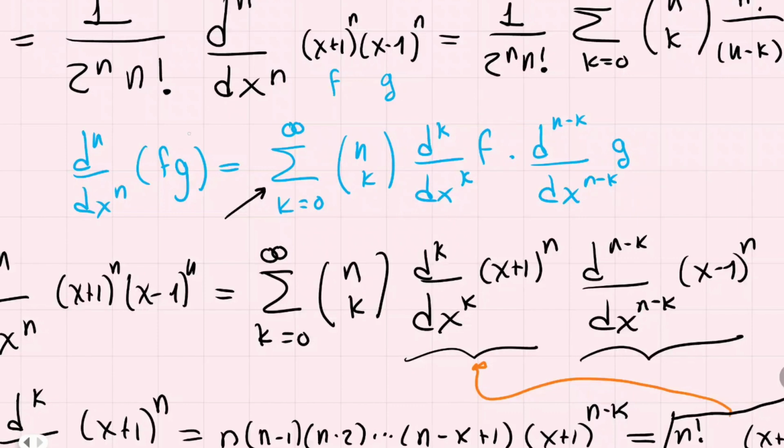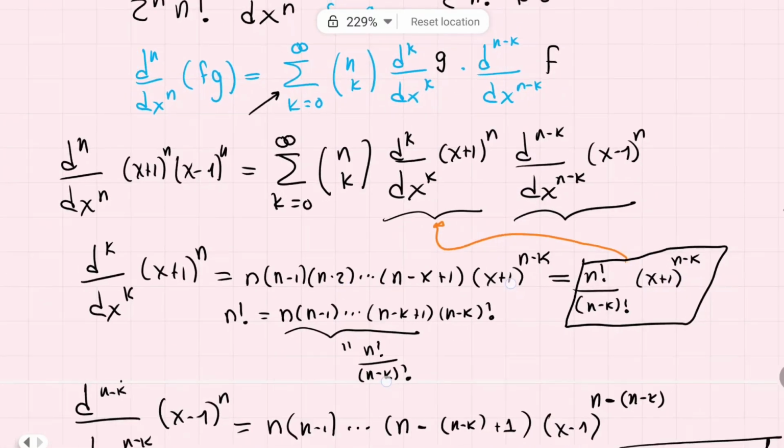And looking that the product is commutative, we could rewrite this: instead of writing f, we can say that this is g and this will be f. If we do that, we are going to get a similar result, but not exactly the same.